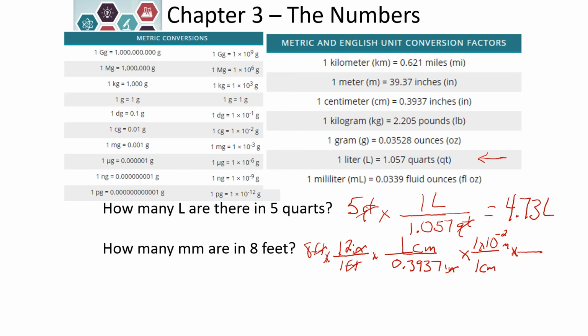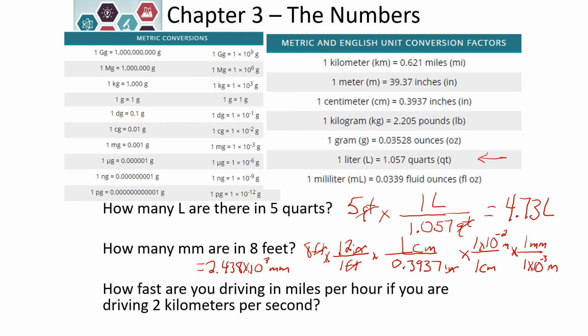And then finally, from meters to millimeters. And our answer is 2.438 times 10 to the third millimeters.